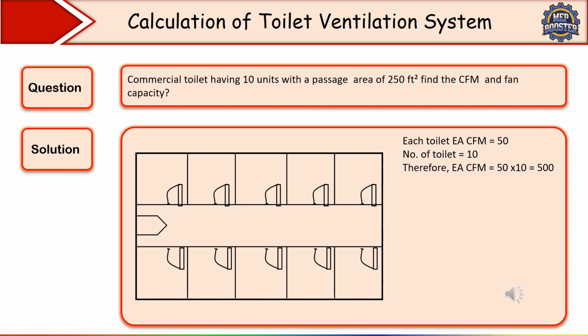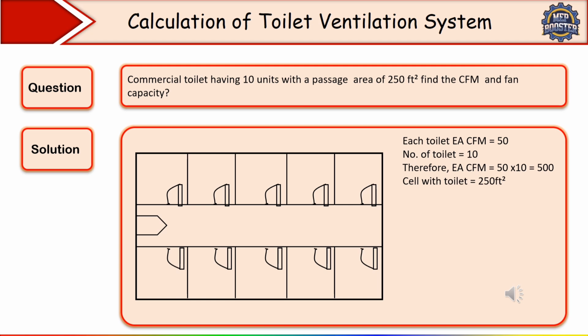But the passage area is also given, 250 square feet. I have told you for the passage area, ASHRAE gives that for 1 square foot of area we have to exhaust 1 CFM. So for 250 how much do we have to exhaust?